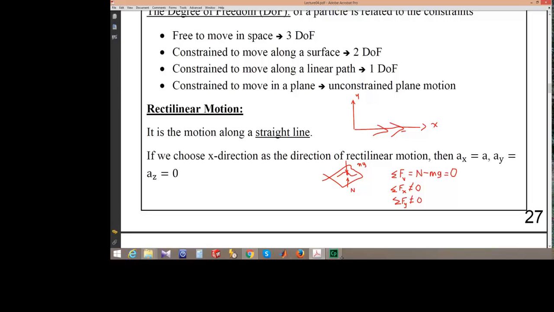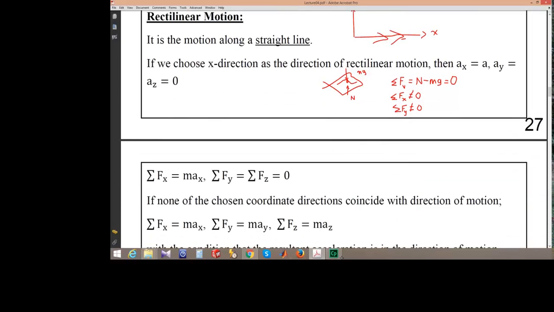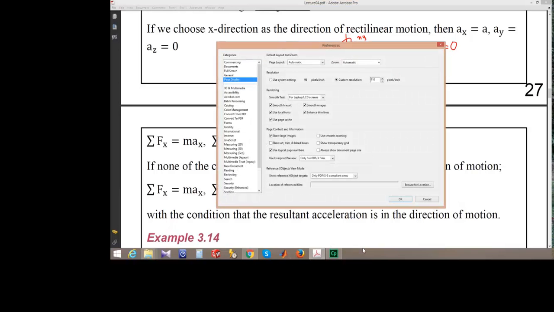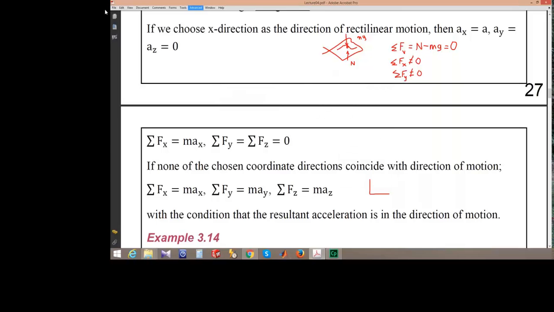Even you can choose a coordinate system, so let me just try to draw this coordinate system for you. Okay, here in the pencil tool already. So here are our x, y, and z axes.